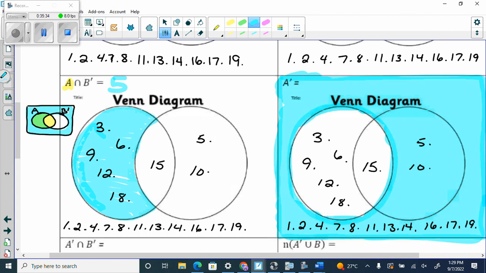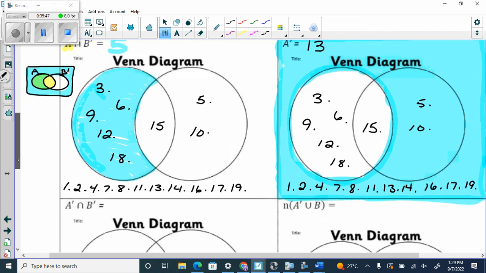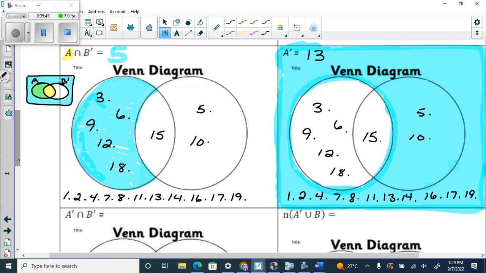So how many is that? There's 11 down here, 12, 13. And then we have our bottom two, so there's 13 there. Everywhere should be shaded but the A.